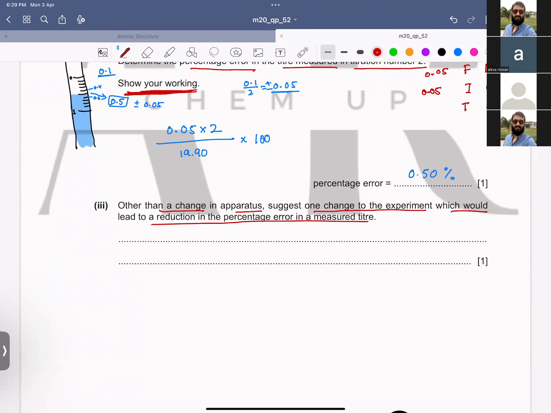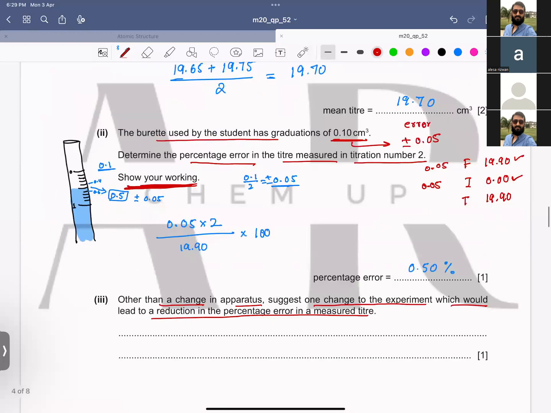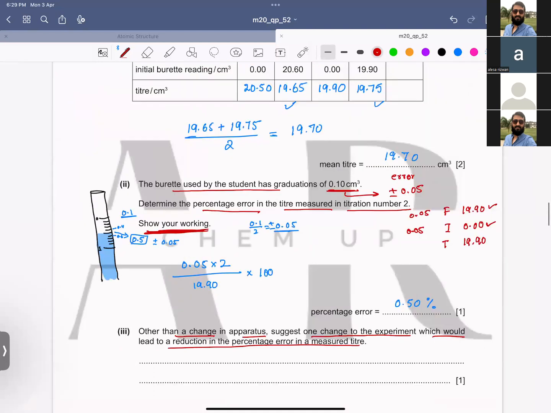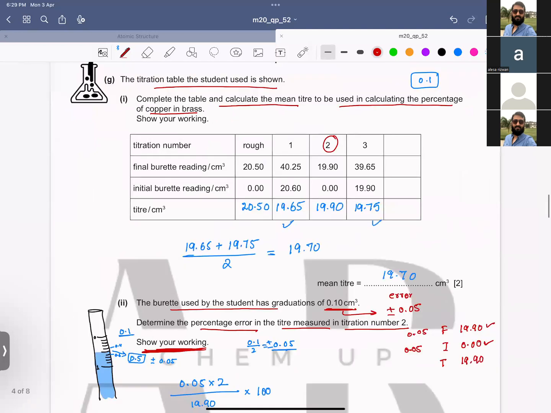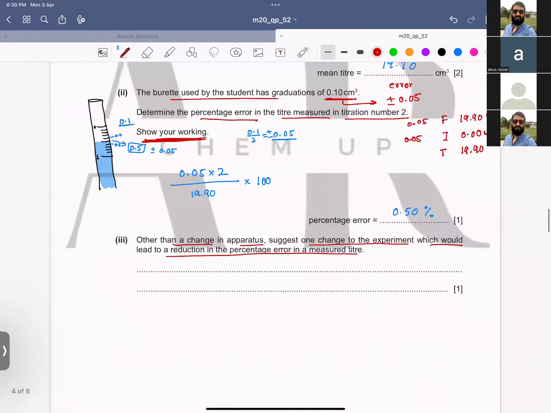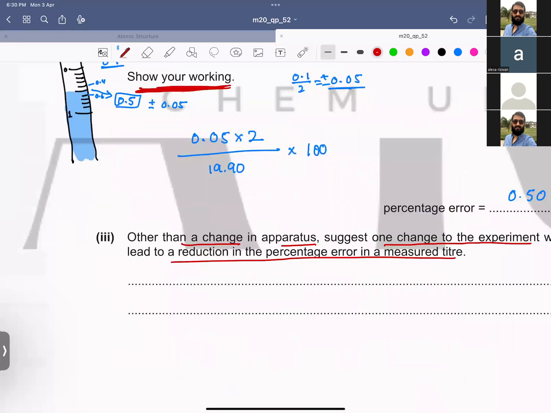You have to suggest one change to the experiment which would lead to a reduction in the percentage error. Just think, how can I reduce this percentage error?